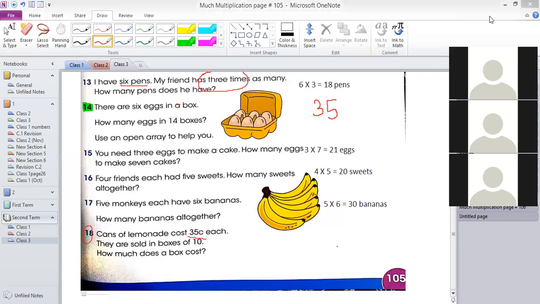One can is 35 cents. For 10 cans, multiply by 10. For 2 cans, multiply 35 by 2. For 3, multiply it by 3. You want to know for 10 cans, so multiply 35 by 10.